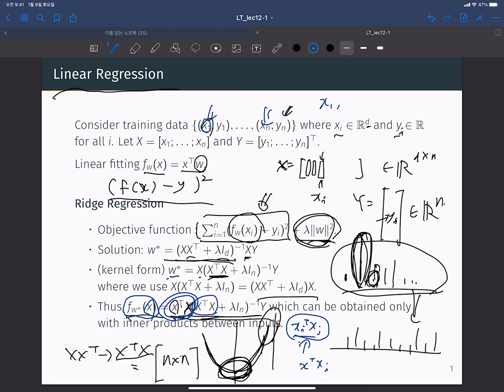The important thing is that we don't need to know the exact x vector. Instead, we can estimate f_W star of x from the inner products between xi and xj for all pairs, and between x and xi. Then from the inner product values, we can estimate f_W star of x. Okay? So I will explain why this is a very useful technique.